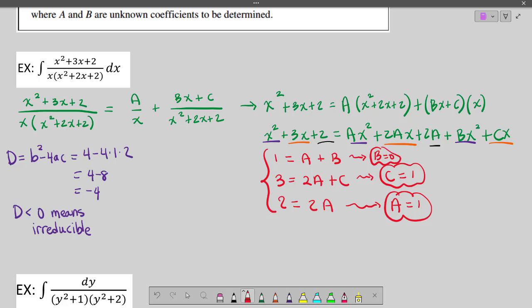So that tells us then that we have a divided by x, so 1 over x, plus b is 0, so then x squared plus 2x plus 2. So we have that.